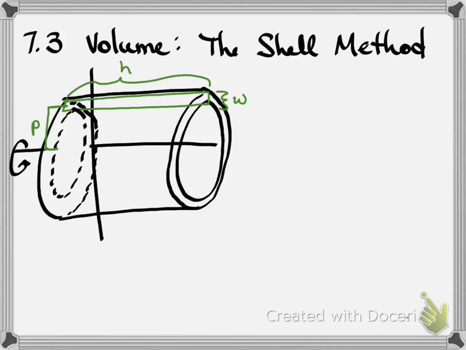To find the volume of this shell, we're going to think about two different cylinders. We're going to think about the actual cylinder that's there, formed by rotating that rectangle, and then the cylinder that is all that empty space. The radius of the larger cylinder is the radius of the outer shell. So we'll call that the outer radius, and that is P plus W over 2.